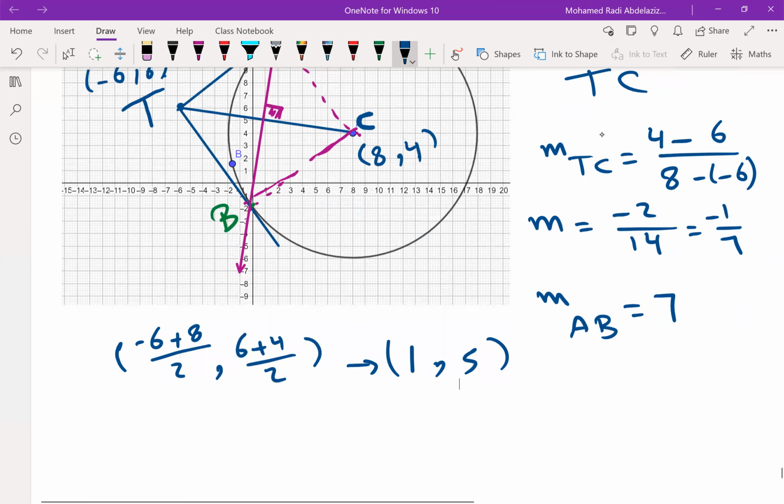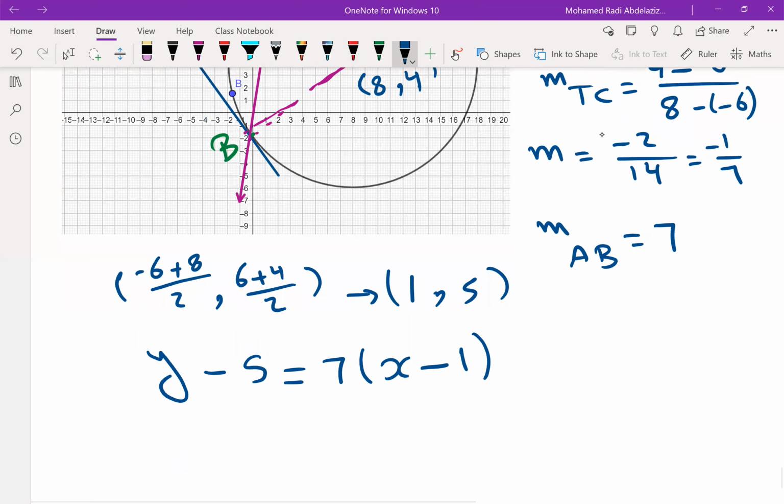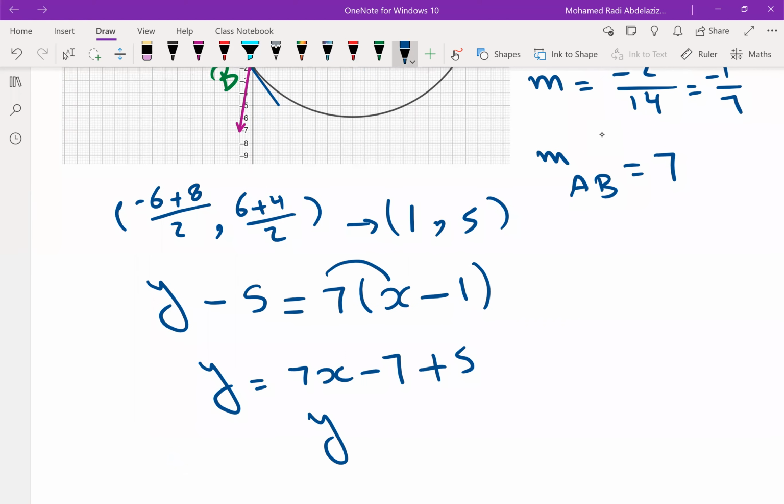Now you can find the equation of the line. y minus y1 is equal to the gradient times x minus x1, which is 1. You can simplify and write your answer in the form y equals mx plus c after expanding 7 by x, and moving -5 to the other side to be plus 5. So y is equal to 7x minus 2. This is the equation of the line AB.